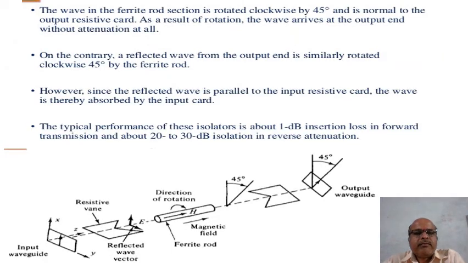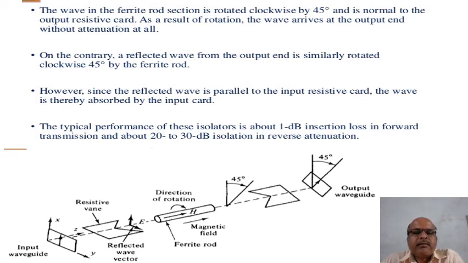The wave in the ferrite rod section is rotated clockwise by 45 degrees and is normal to the output resistive card. As a result of rotation, the wave arrives at the output end without attenuation at all. On the contrary, a reflected wave from the output end is similarly rotated clockwise by 45 degrees by the ferrite rod.